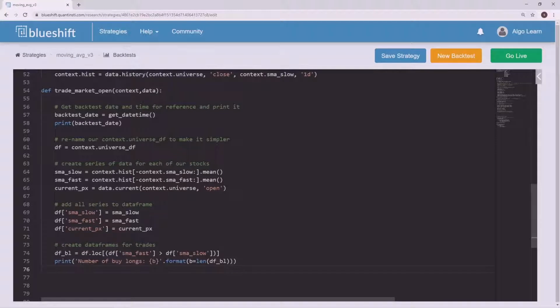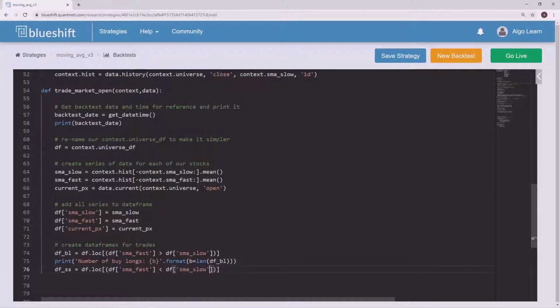Now let's go ahead and look at the data frame for the sell shorts. We're going to go to the old data frame, and you can probably already tell what we're going to do here. We're going to see if the SMA fast is less than the data frame column for SMA slow.